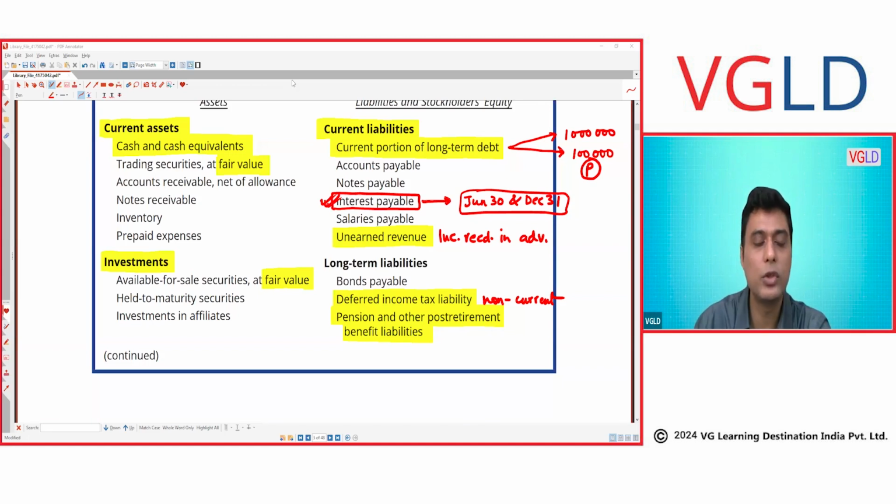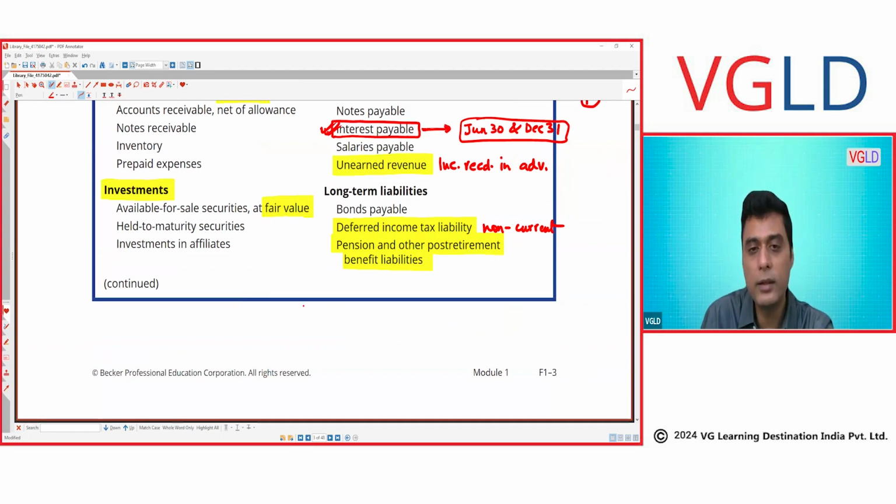From a journal entry point of view, we will cover that when we do inventory. Since you have asked the question, I'll quickly answer it. In the US, we have two systems, the periodic system and the perpetual system.